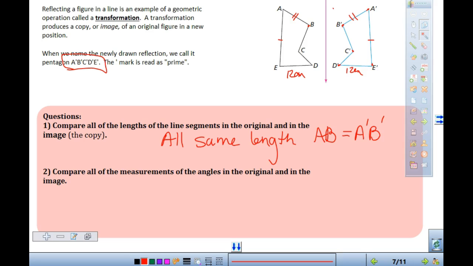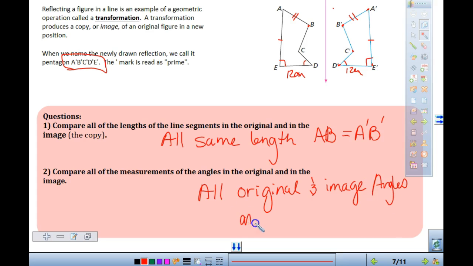If we compare the measures of the angles, this looks like a 90-degree angle, this looks like a 90-degree angle. If we're measuring this angle, this one should look the same. So if we would compare the angles going around our original figure, all the original, please write down, and image angles are equal.